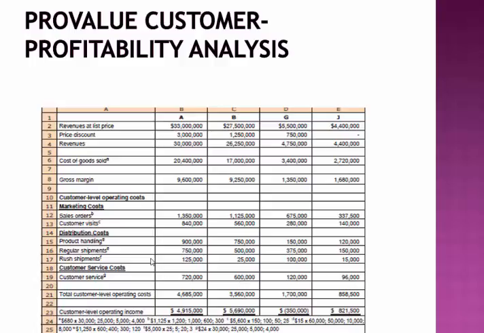Alright, what would we do next? We would total up all of the per customer cost related to marketing, distribution, customer service.